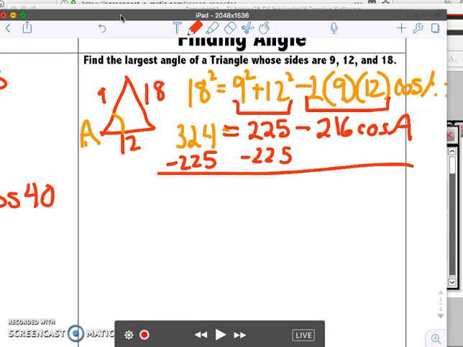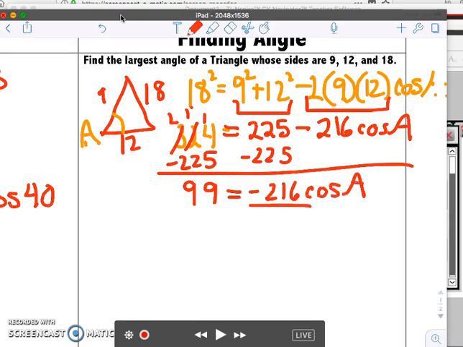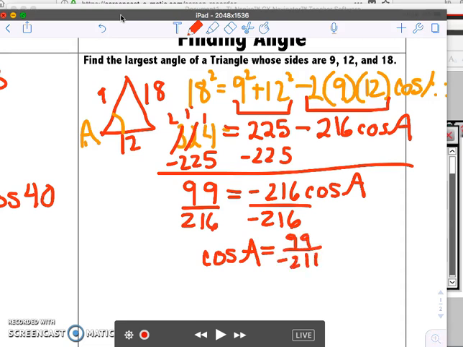So let's see, is that 99? Yep, so we got 99 equals negative 216 cosine of A. So we'll divide by negative 216. So we have the cosine of A equals 99 over negative 216.